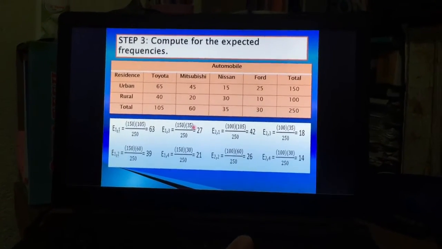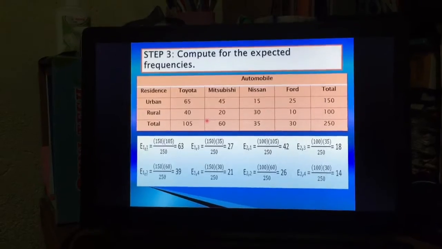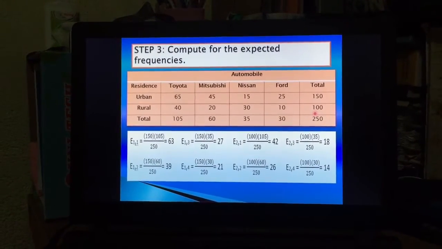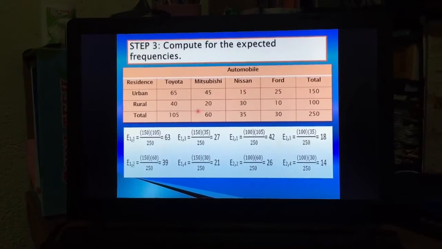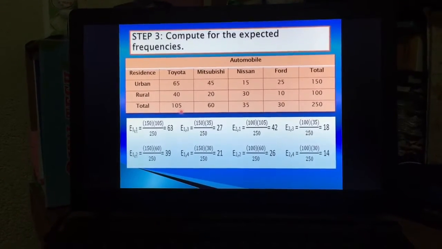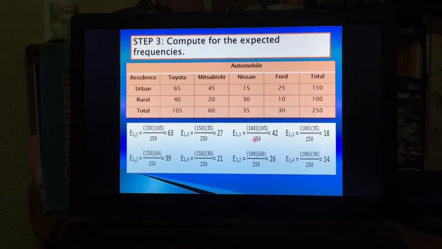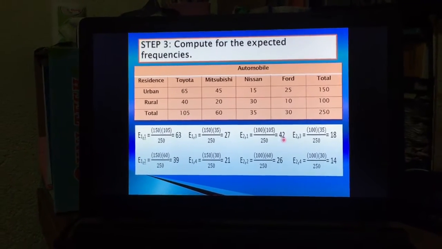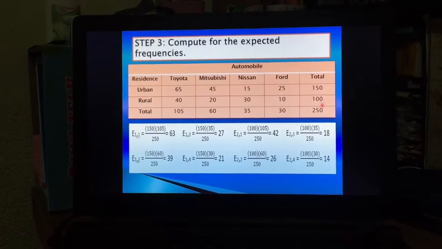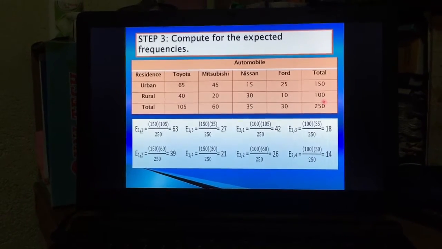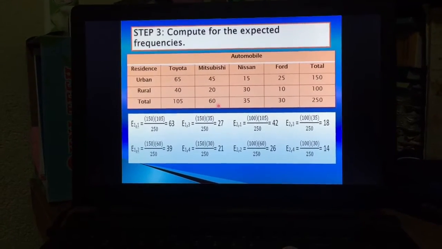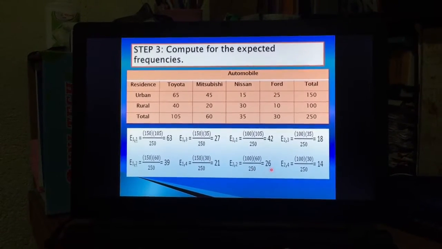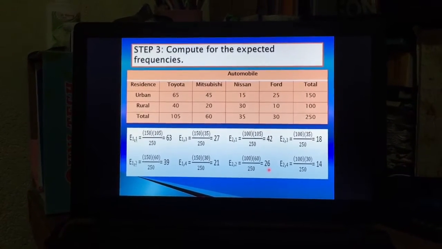Next, for the rural residence, we have the second row total of 100 multiplied by the first column total 105 divided by 250, which is equal to 42. Next, second row total 100 multiplied by the second column total 60 divided by 250 is equal to 26.